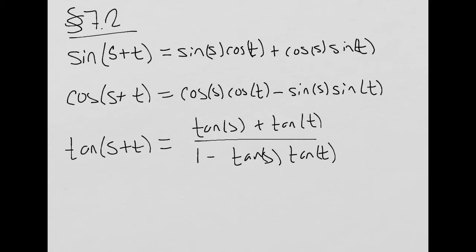So if I wanted to use this to come up with something like, say, cosine of pi over 12. Now I could plug that into a calculator and get a decent decimal approximation, but I'm much more interested in finding out if I can do it precisely.